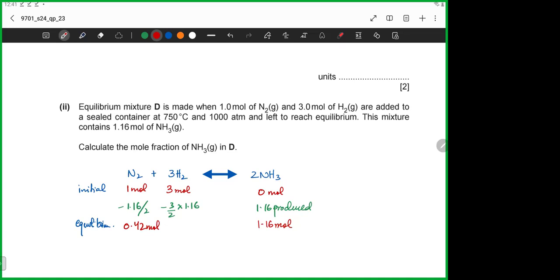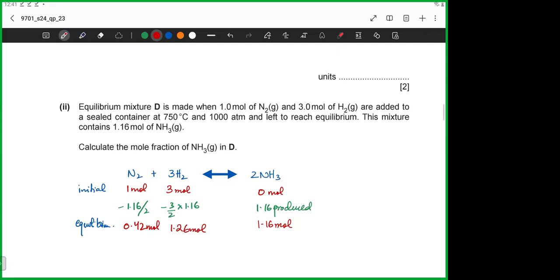It's going to be 1.26. Are you sure? Yeah. Okay, so 0.42 and 1.26.